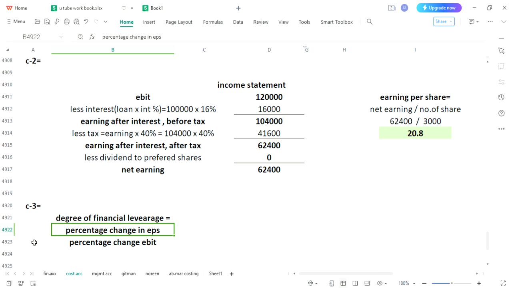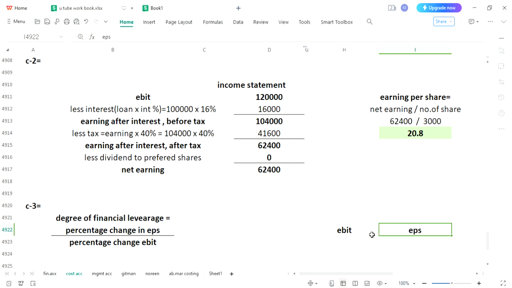Kindly keep in mind it is a process of division. There are two elements. Above you will have percentage change in EPS, and below you will have percentage change in EBIT. It means there are two factors needed, EBIT and EPS: earning per share and earning before interest and tax.